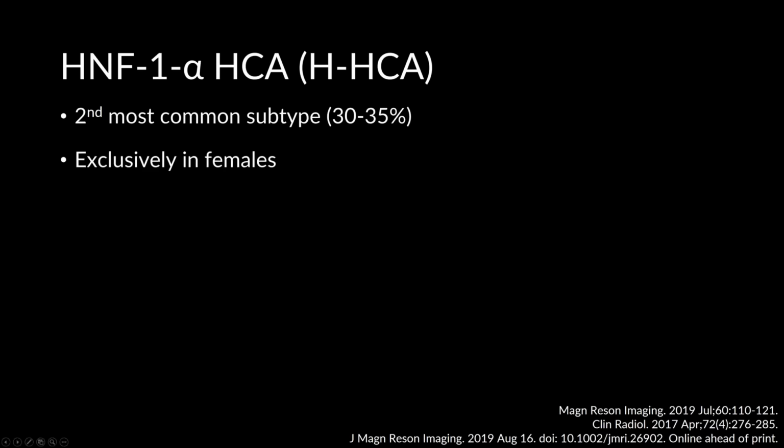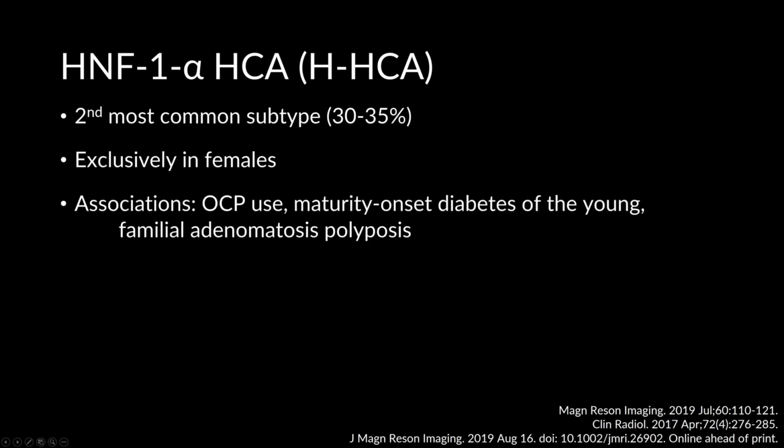Going on to HNF-1-alpha HCAs, this is the second most common subtype, representing 30 to 35% of all adenomas, and this is almost exclusively found in females. And again, strong association with OCP use. In one study, the cohort was made up of 90% people who have had a long-term history of OCP use that had adenomas.